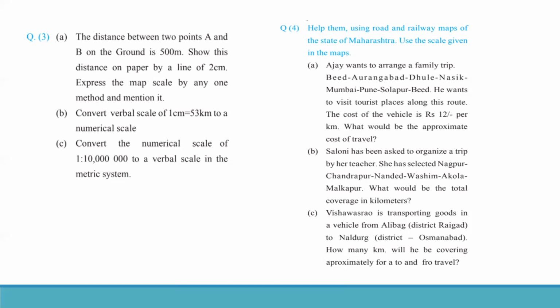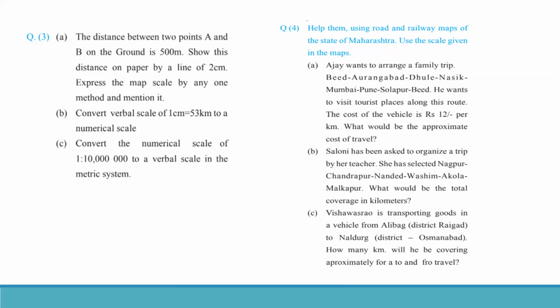Common sense, no? Half of 500 is 250 meters. So you have to write 1 centimeter is 250 meter. 2 centimeter is 500 meter. So automatically, what scale are you using? The verbal scale. You will denote it like that. 1 centimeter is equal to 250 meter.